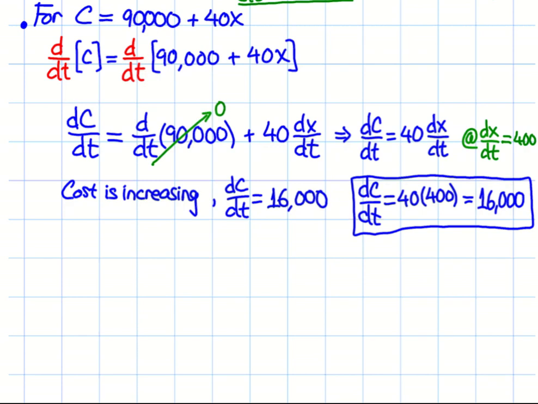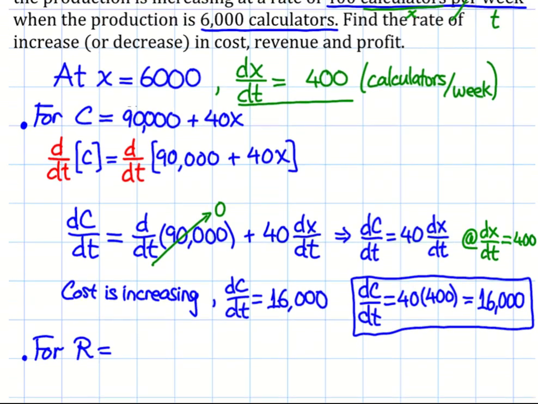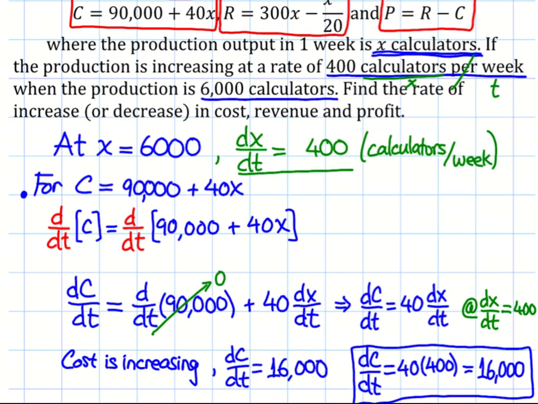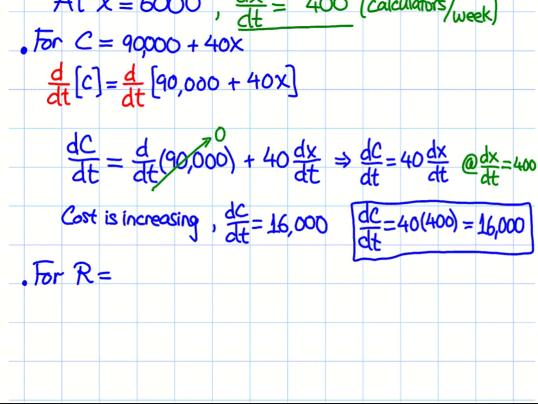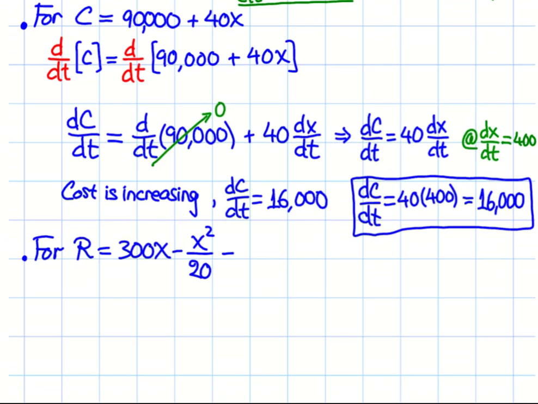Next we have the revenue function, which is 300x minus x squared over 20. Right, yep. We can rewrite it as 300x minus 1 over 20 x squared. It is easier to take the derivative that way.